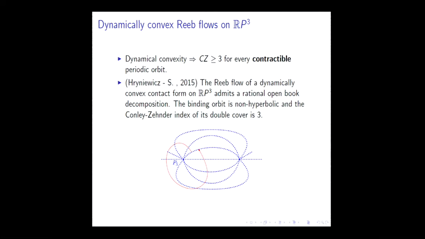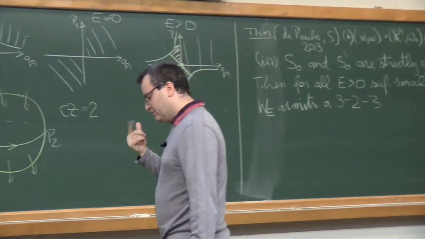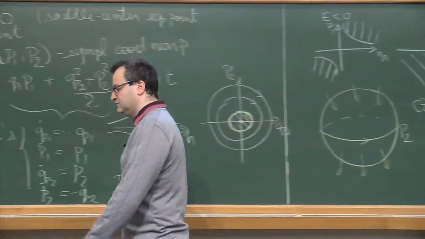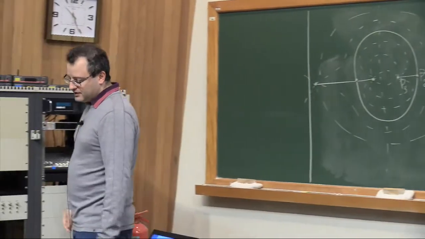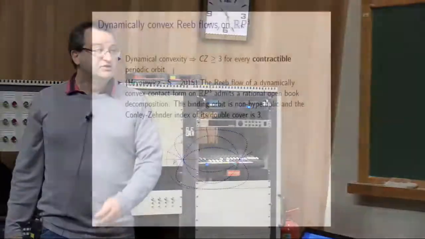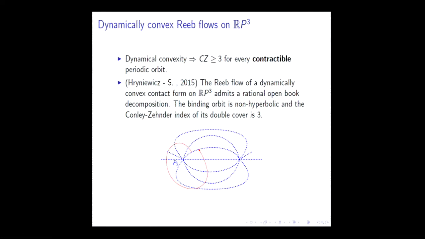Now, pi_1 is not 0, so we consider only contractible periodic orbits, and we assume that all of them have Conley-Zehnder index at least 3 with respect to the global trivialization of the contact structure that exists.